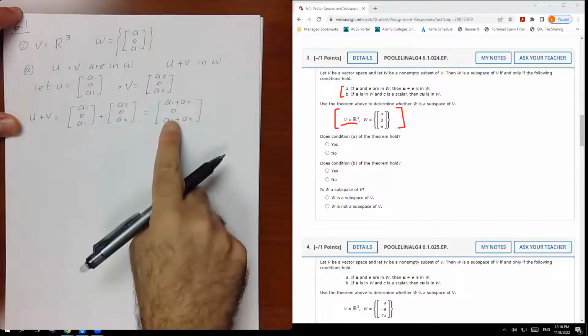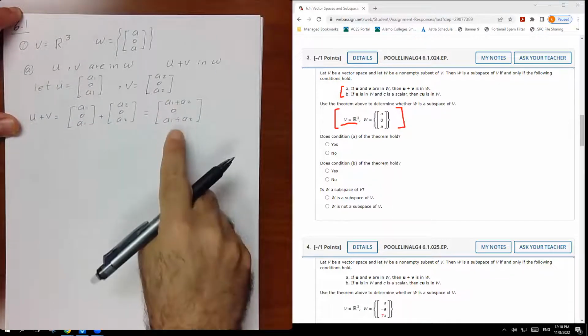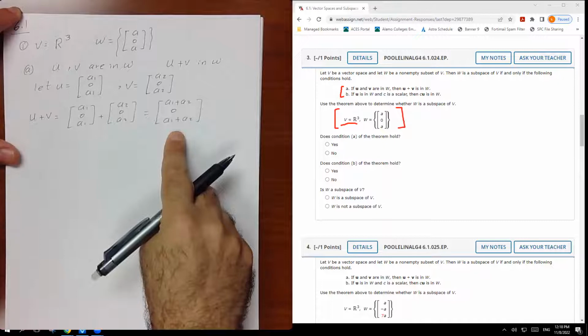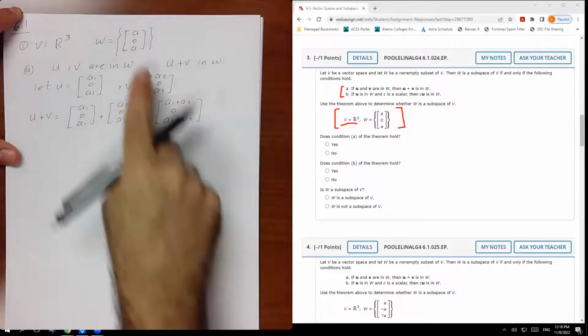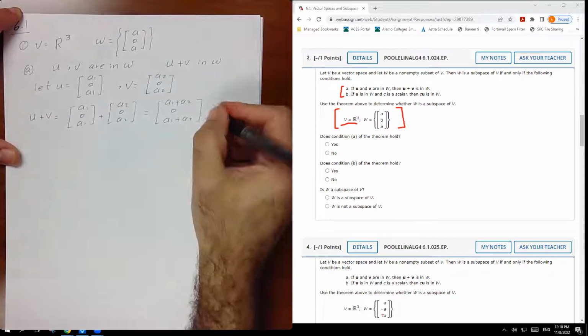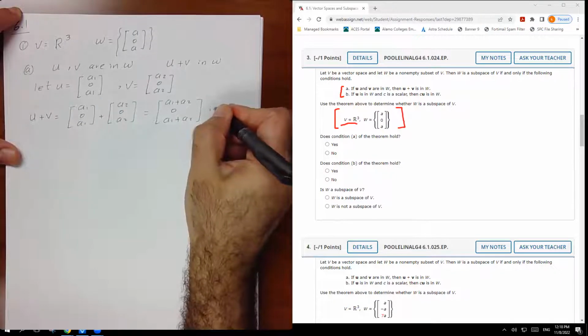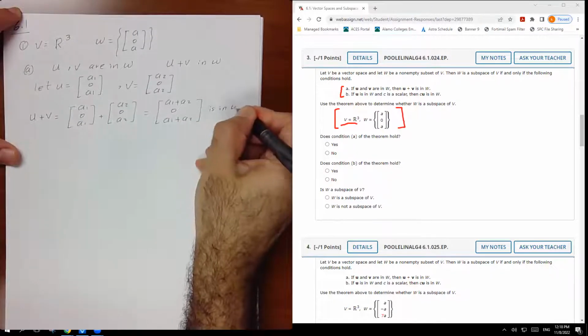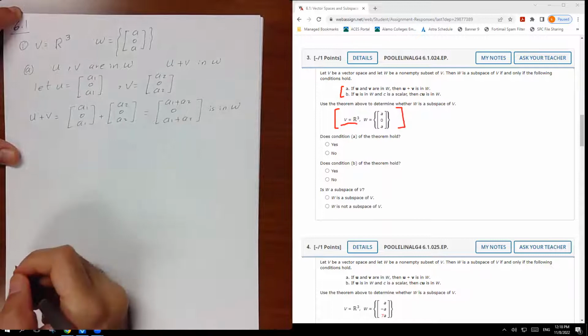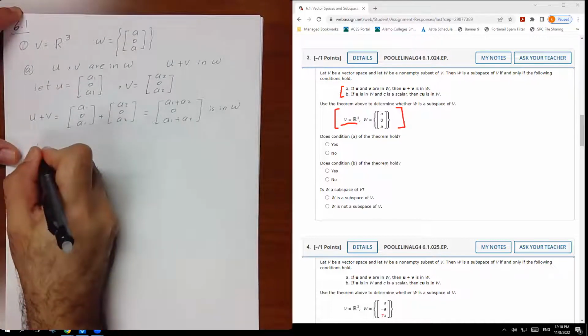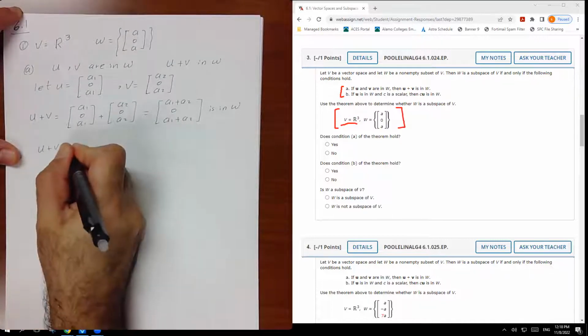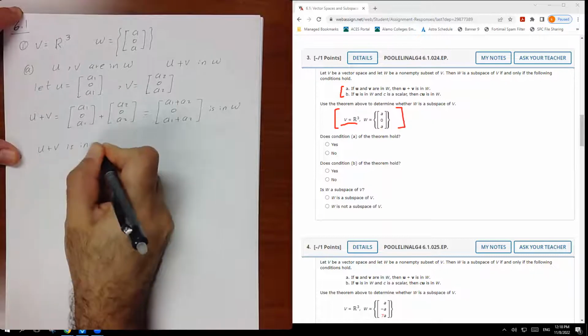Check the result: the first component is exactly the same as the third one, which is exactly the shape of W. This result vector is in W. That means the first condition is satisfied, so U plus V is in W.